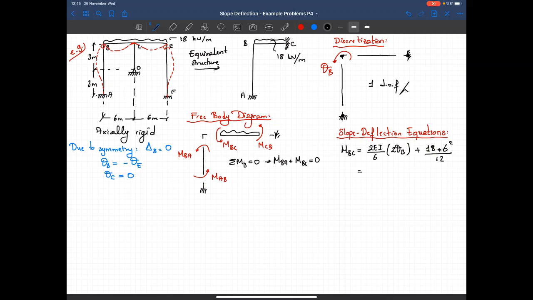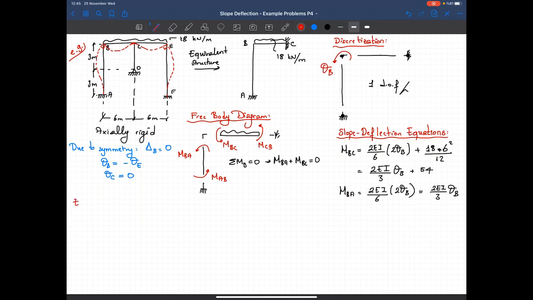From that, I obtain MBC as equal to 2EI over 3 theta B plus 54. Now let's write what MBA is. MBA is equal to 2EI over 6, again I got 2 theta B. So that's equal to 2EI over 3 theta B.